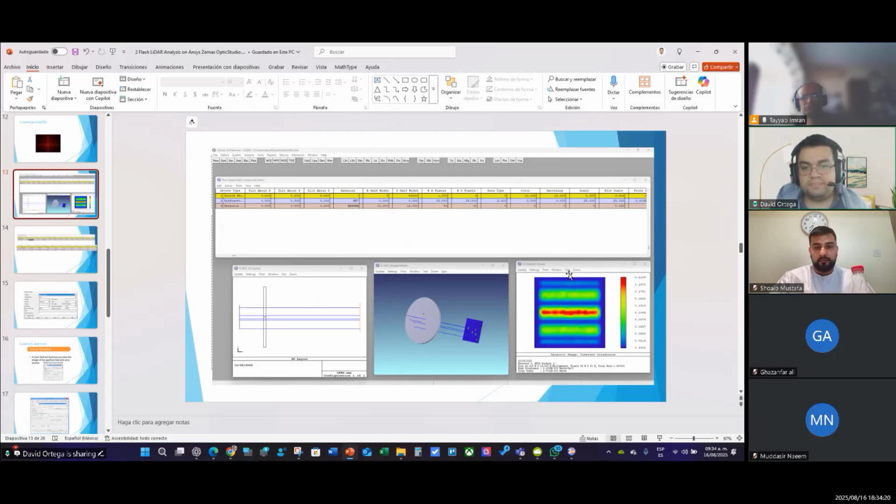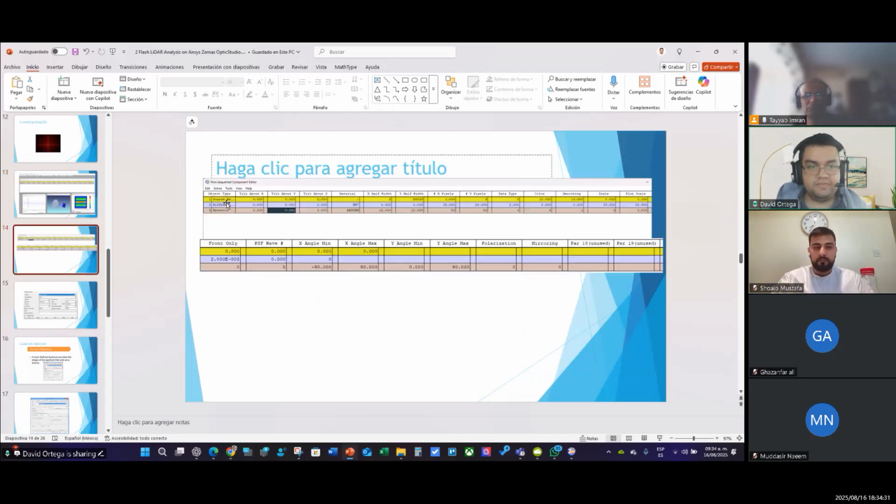This is the pattern of the diffraction grating. This is a normal pattern for the incoherent irradiance. And these are the values of the table. We have the source, the diffraction grating, and a detector. In this case, the detector is 12 by 12 with 50 by 50 pixels.